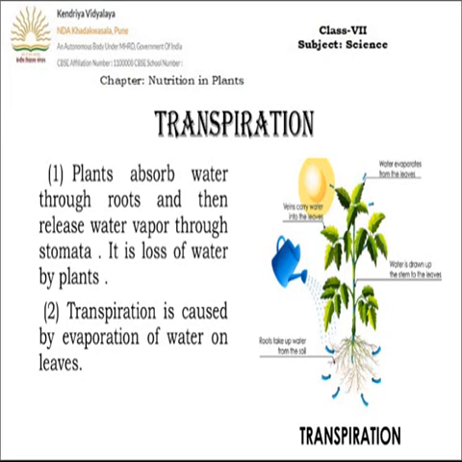This loss of water in the form of vapors from the leaves is called transpiration. So transpiration is nothing but the evaporation of water from the leaves. So this is loss of water. This is a very important term associated with plants, that is transpiration. I hope this is clear.